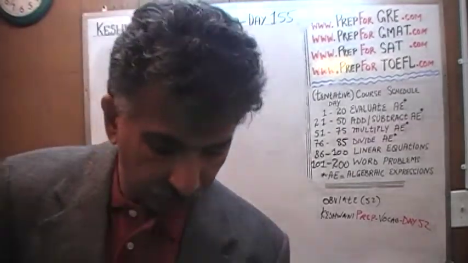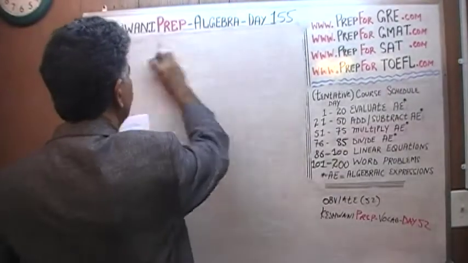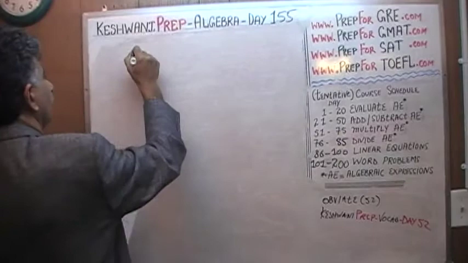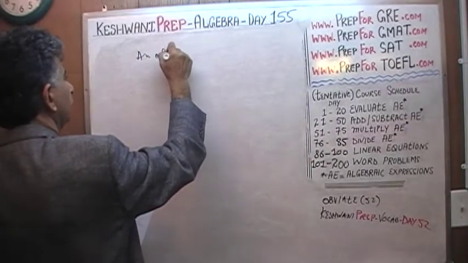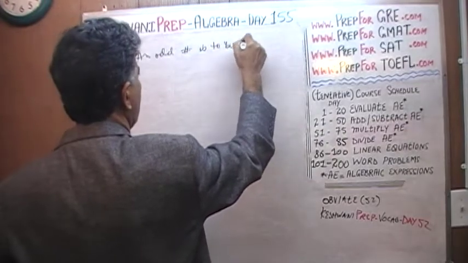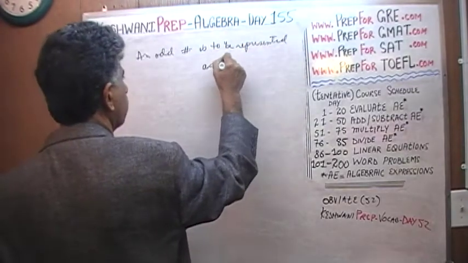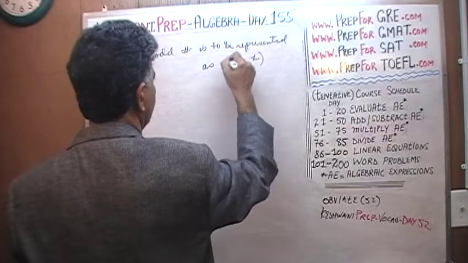An odd number is to be represented as 2x plus 1.